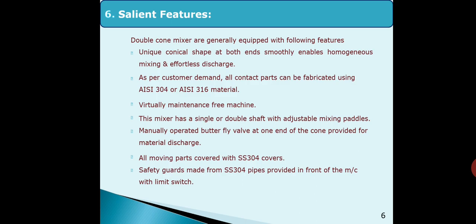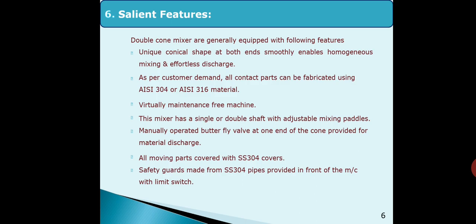So the chances of corrosion are minimal. As the cone is made of metal, there could be chances of corrosion and contamination of our product, so if we demand fabrication of the parts of this blender with these materials, the corrosion chances are reduced.